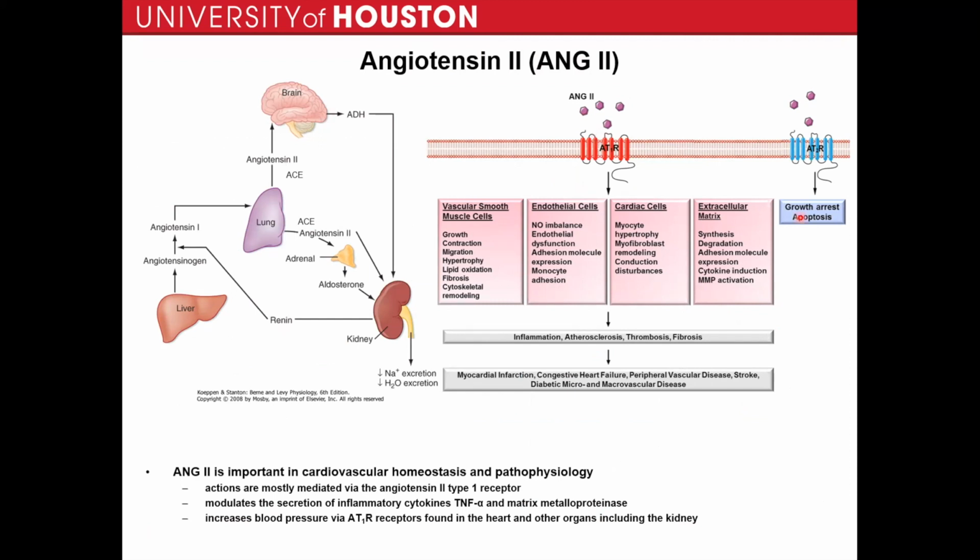And so this schematic shows that within cardiac tissue, what's been reported is there's induction of hypertrophy and also transdifferentiation of fibroblasts into myofibroblasts. It can play a role in inflammation and ultimately in cardiac failure. But the important thing with angiotensin II is that it's actually important in cardiovascular homeostasis. Even though it plays a role when it becomes dysregulated, it also contributes to the pathophysiological features of cardiovascular diseases.